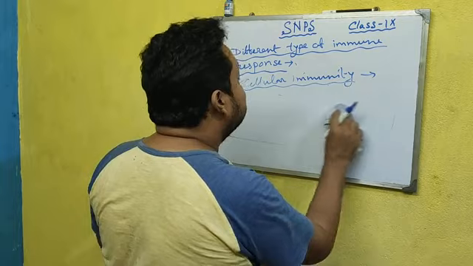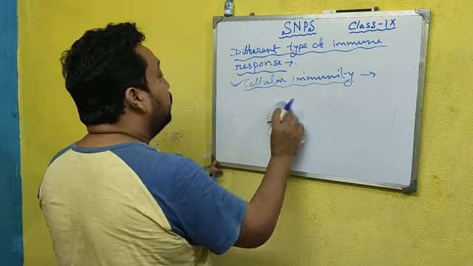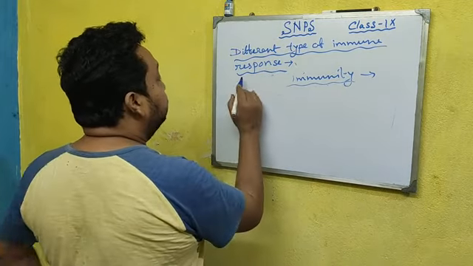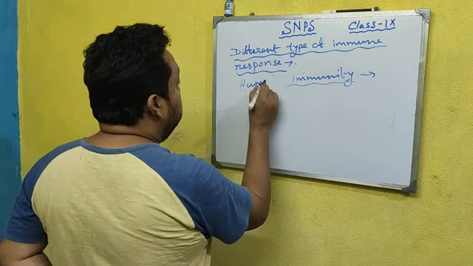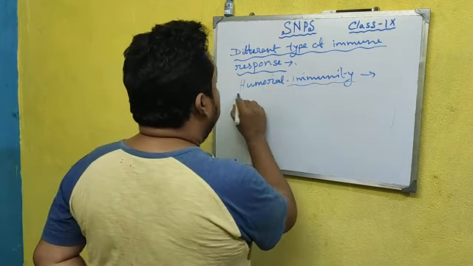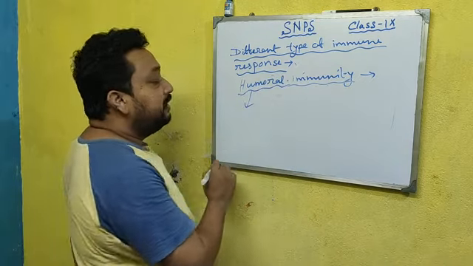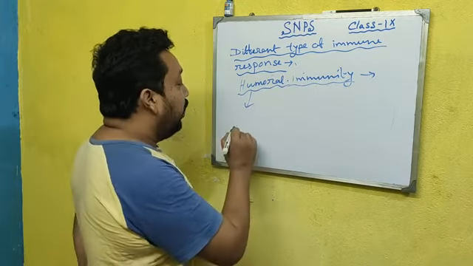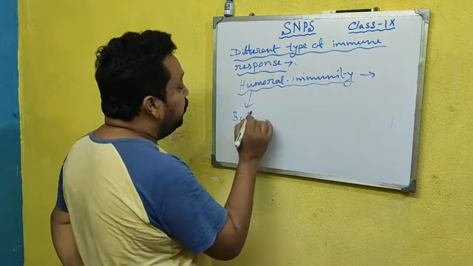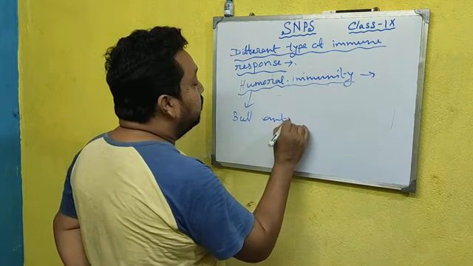Now we will discuss humoral immunity. Humoral immunity, I have already said, is the type of immunity where the B cell is involved to produce the antibody.